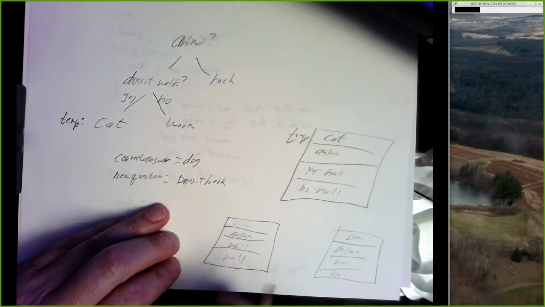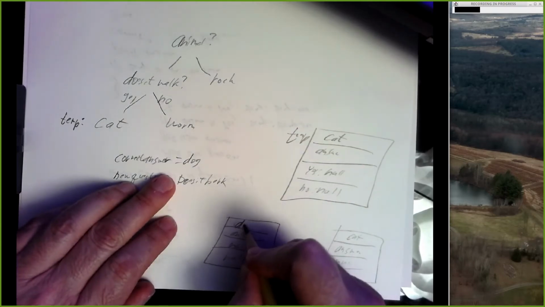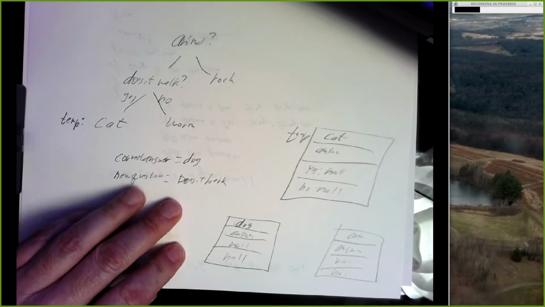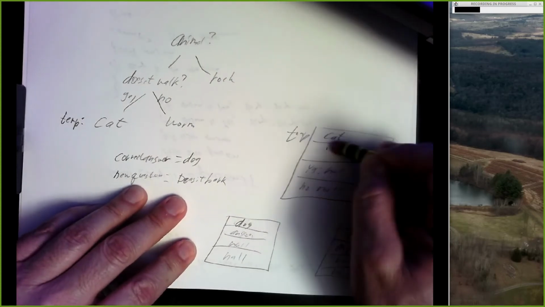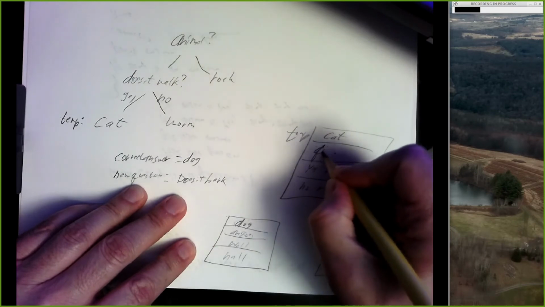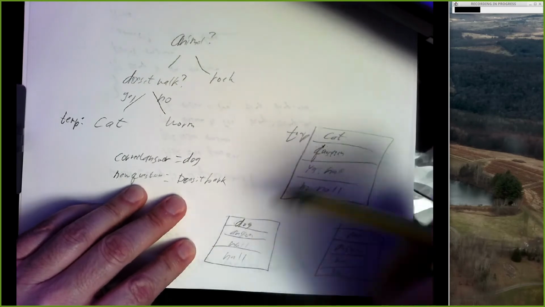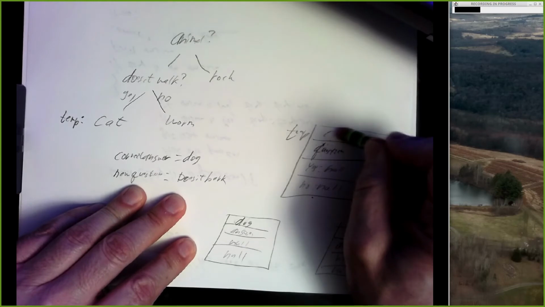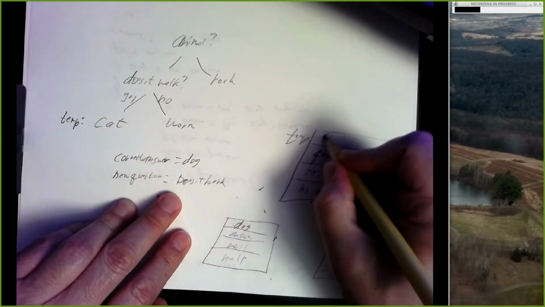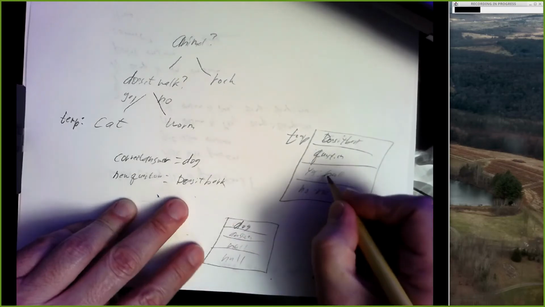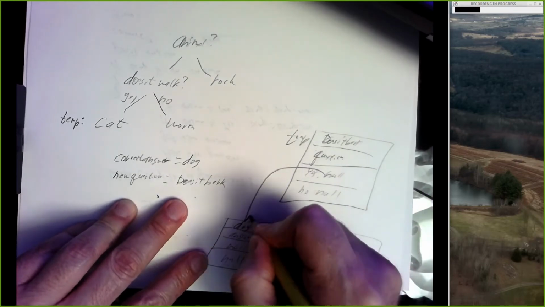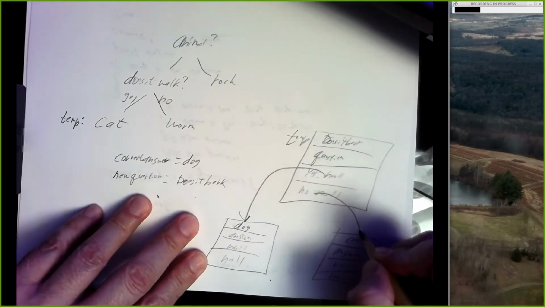We make a second node with the correct answer, which is dog. And then in this last node that we were at, we change this from an answer node to a question node. We change the question to be what the new question is. Does it bark? And we change the yes child to point to this node and the no child to point to this node.